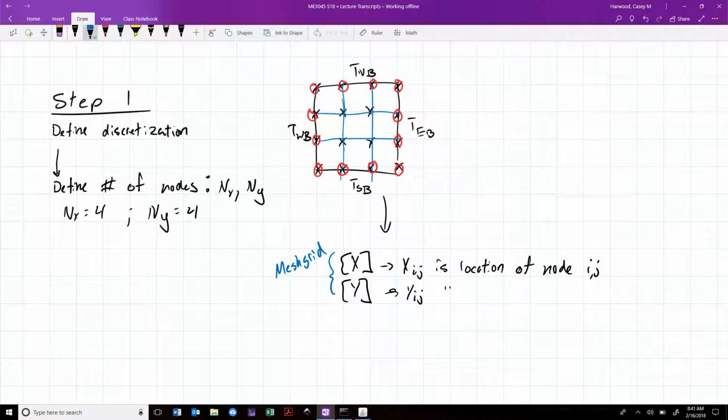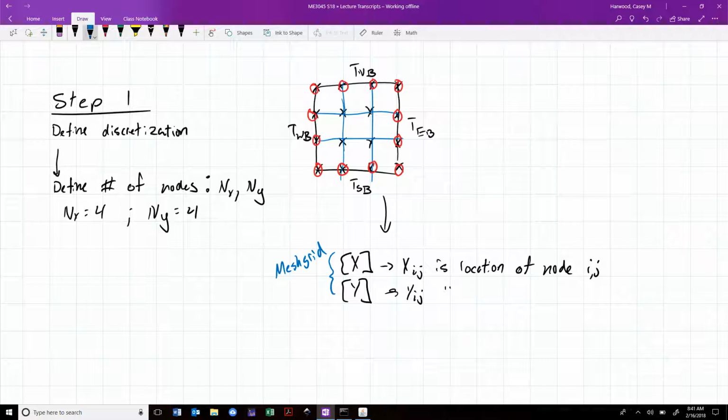And same with y. You'd say y has values of 0, 0.33, 0.67, and 1. And then you feed those two lists of positions into meshgrid. It'll make a matrix of x and y positions. So this x matrix will just say 0, 0.33, 0.67, 1, and it'll repeat that as it moves down the rows.